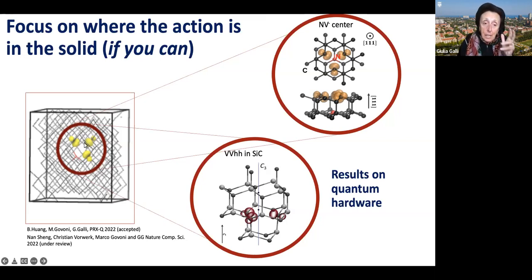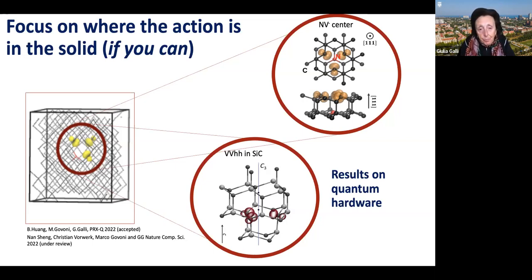And this, in terms of electronic structure, I can do if my electronic states that do the action that I'm interested in are localized in a certain region. You know, there are other defects that are much more shallow, for which what I will be talking about would be much more difficult.